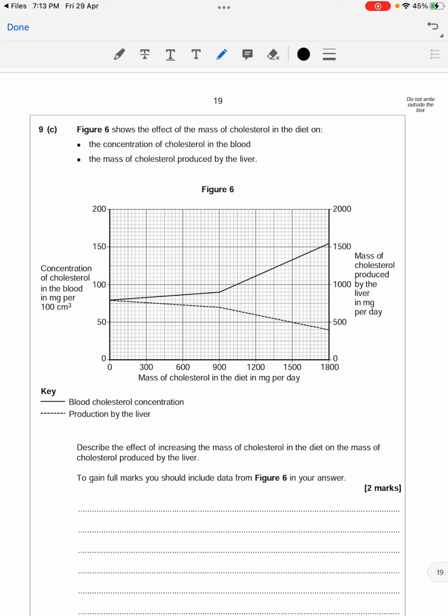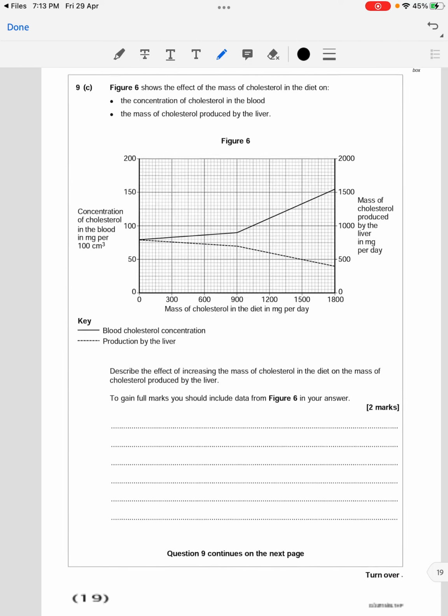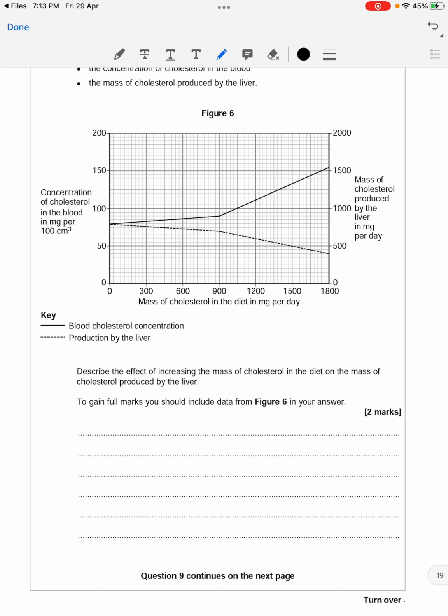Right. So now, figure 6 shows the effect of the mass of cholesterol in the diet. There's a graph showing us the cholesterol levels, and you have to describe the effect of increasing the mass of cholesterol in the diet on the mass of cholesterol produced. What you have to understand is that the mass of cholesterol produced by the liver is this dotted line, and this is the blood cholesterol level.